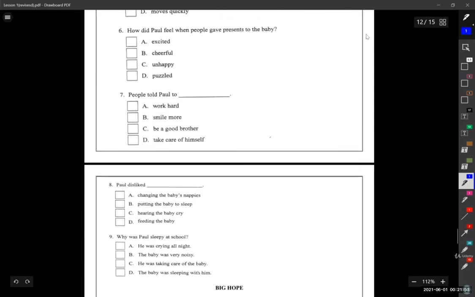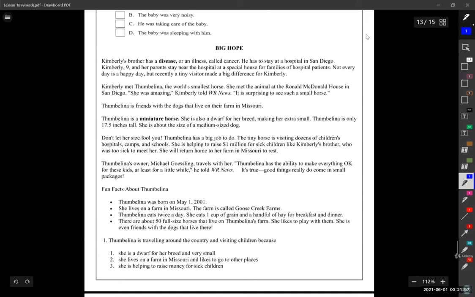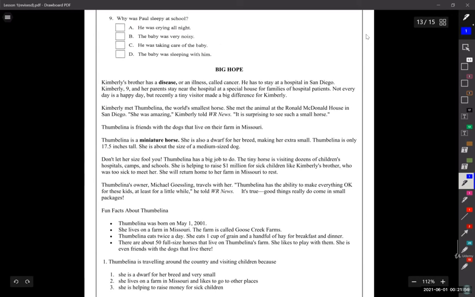And then next, we go ahead to the reading comprehension. Now, this is the American reading comprehension. With each lesson, we have a reading comprehension for the students to do.